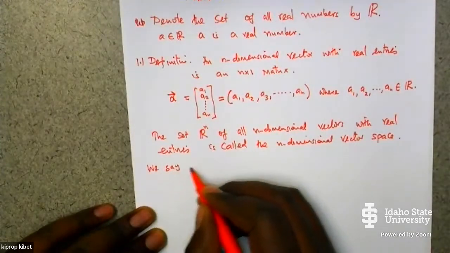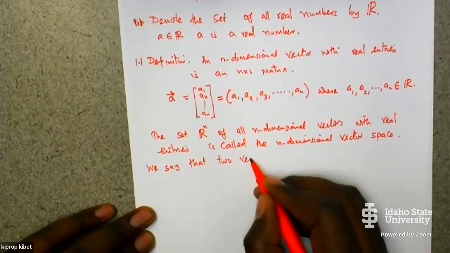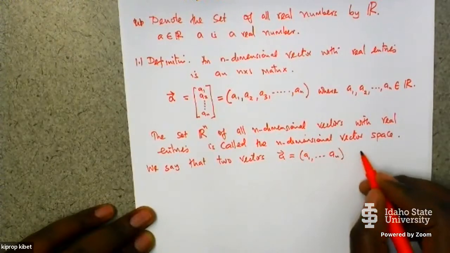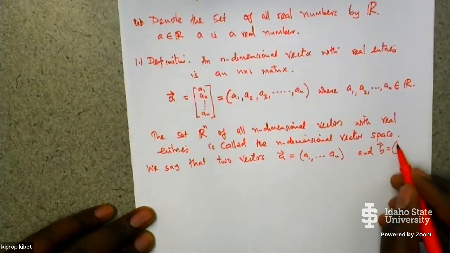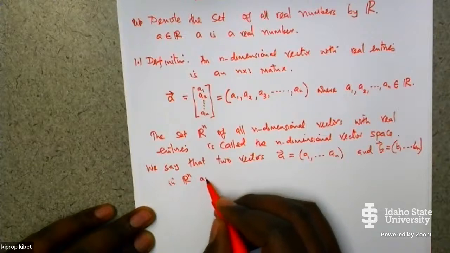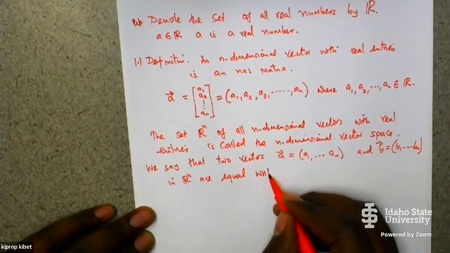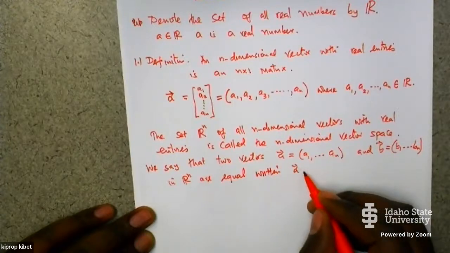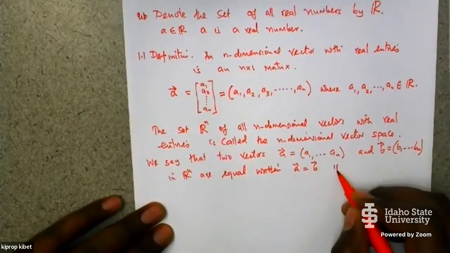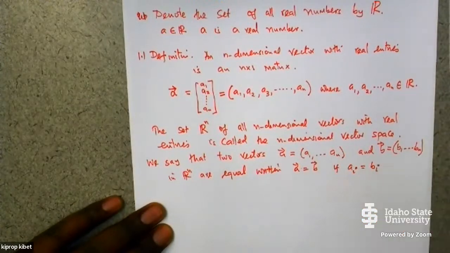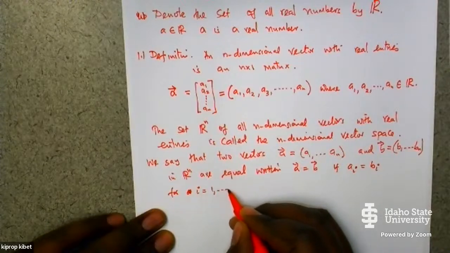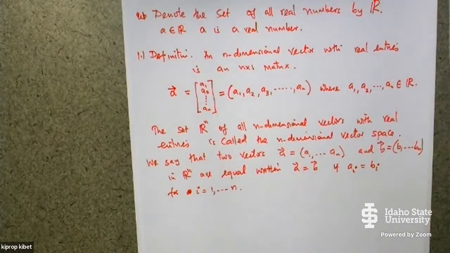We say that two vectors A = (A1, ..., AN) and B = (B1, ..., Bn) in R^n are equal, which can be written as A = B, if Ai = Bi for i equals 1 all the way to n.